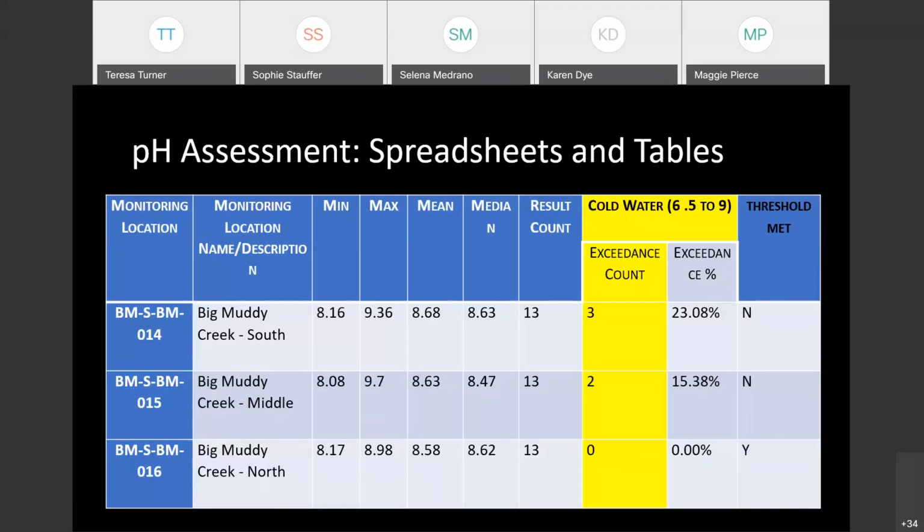In this yellow column here, we've just calculated the number of exceedances, and in this instance, there is no acceptable exceedance frequency, so anything outside of the acceptable pH range is a problem. And we can see that 2 of the sites have some exceedances of the pH criteria.